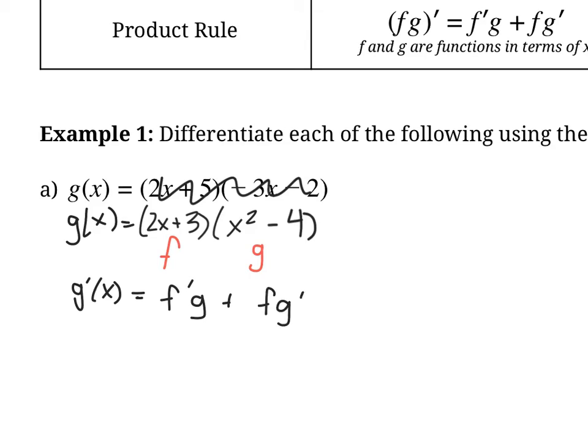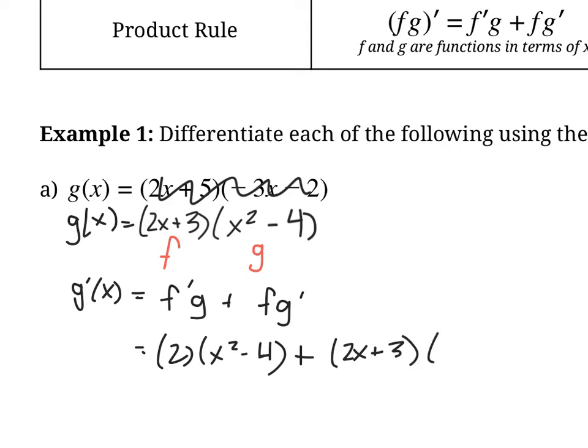f g prime. So f prime is just the derivative of f, and that's just going to be 2, because that 2x is the only thing that's going to still be there after we take the derivative. Then we multiply that by g, and g is just x squared minus 4. And then we're going to add to that f, which is just 2x plus 3, times g prime.